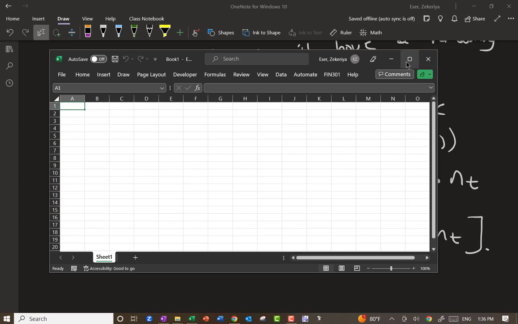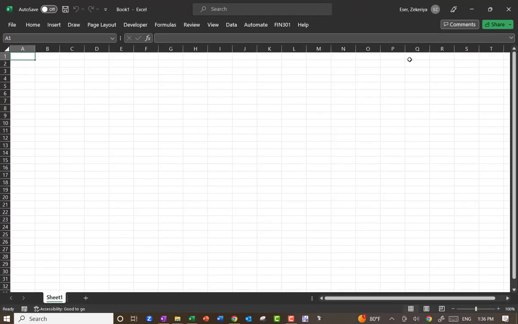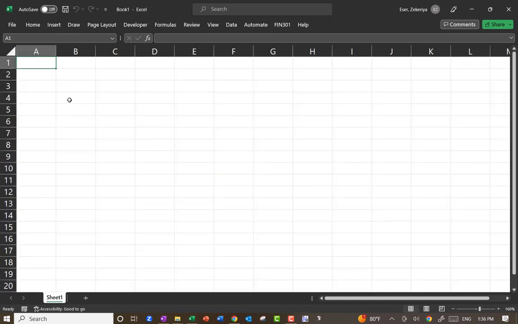Notebook. We have some parameters. I'm going to put in delta t first. In this case, it's going to be 1 over 52. Okay.